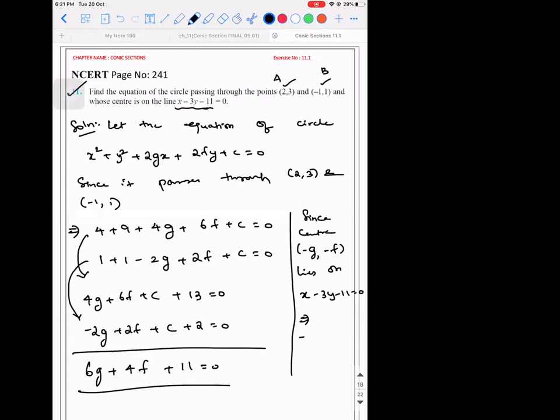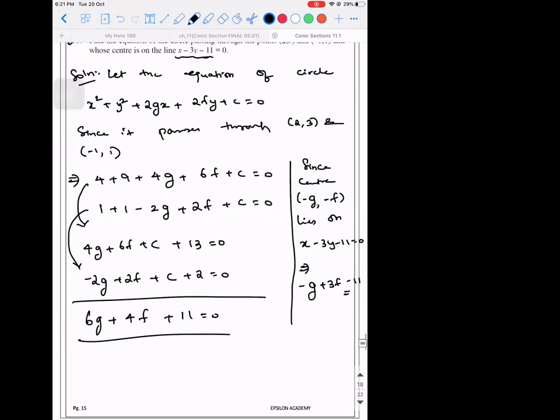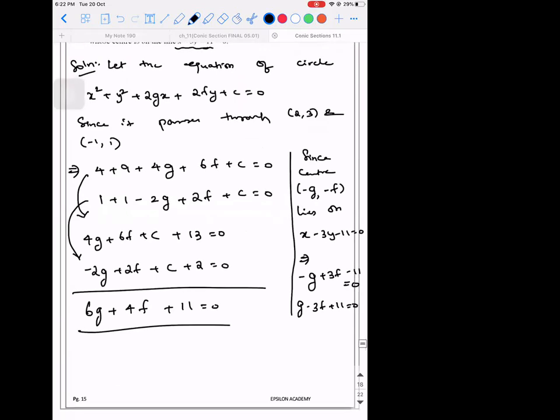That implies minus g plus 3f minus 11 equals 0, so g minus 3f plus 11 equals 0. So you have 6g plus 4f plus 11 equals 0 and g minus 3f plus 11 equals 0. Solve these two and tell me the values of g and f.